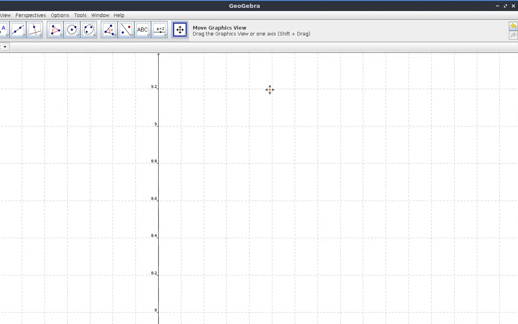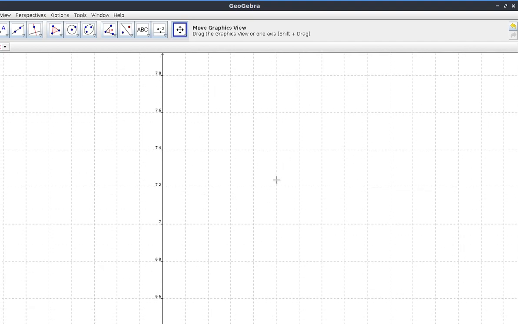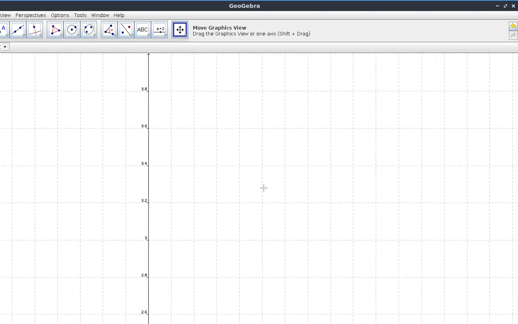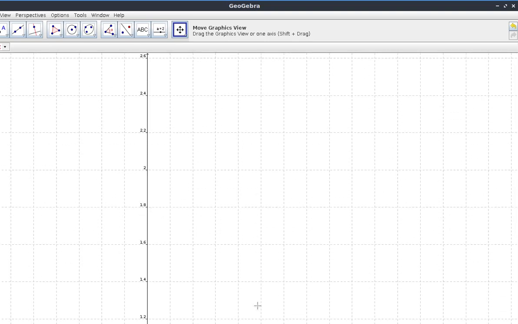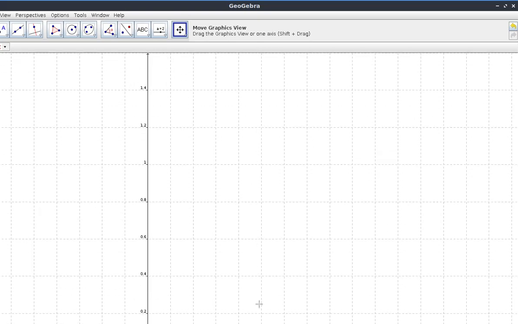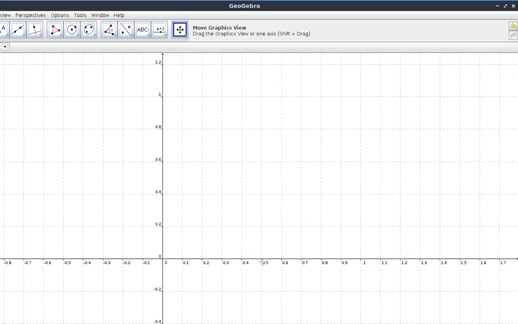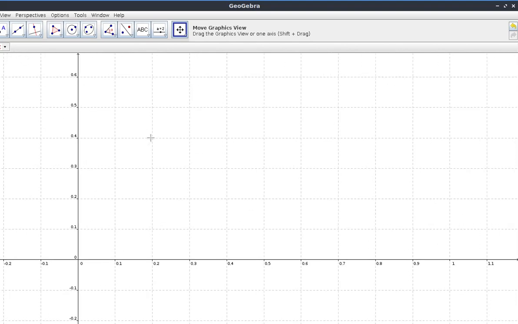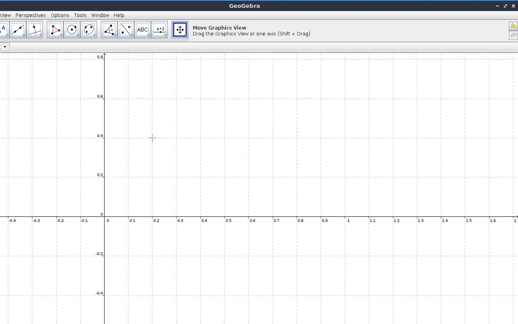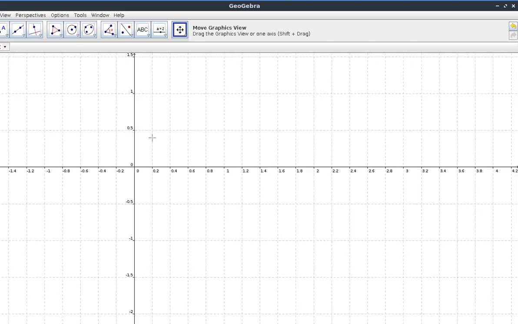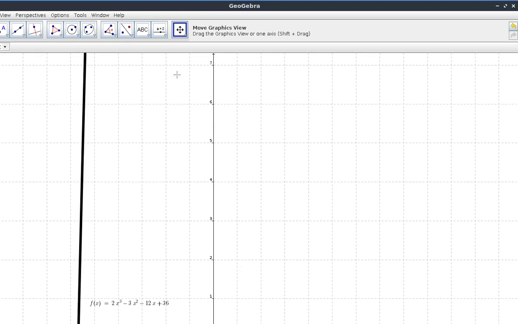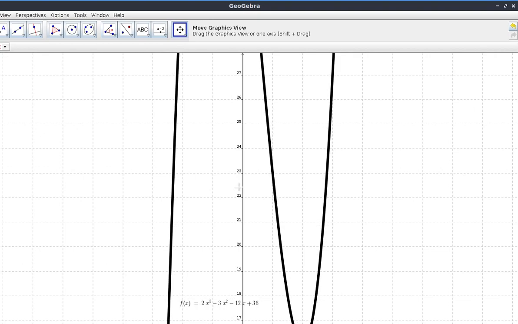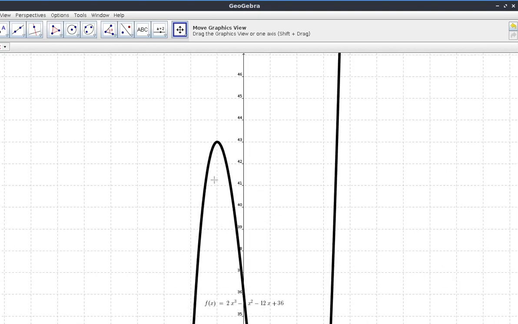Don't want to lose this line. Alright, so is it half? Good. Yes, it is half, 29 and a half. So that's where the point of inflection is. So now, let's zoom out, and I want to put a tangent line to this curve. Let's do that.